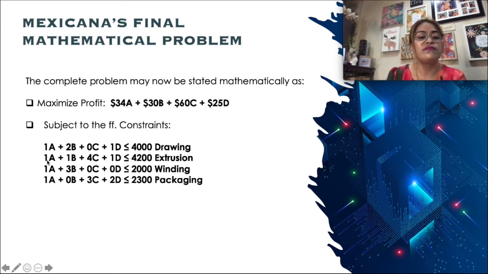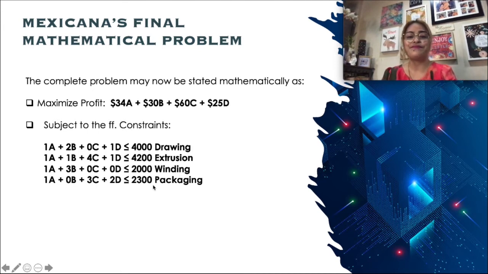Second constraint, 1A plus 1B plus 4C plus 1D must be less than or equal to 4,200 for extrusion. Third constraint, 1A plus 3B plus 0C plus 0D must be less than or equal to 2,000 for winding. And 1A plus 0B plus 3C plus 2D must be less than or equal to 2,300 for packaging.